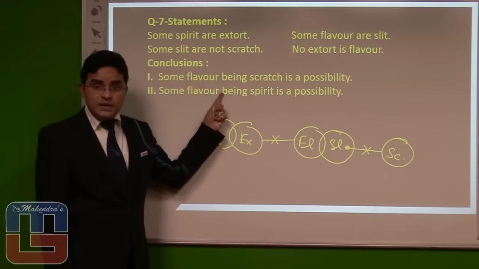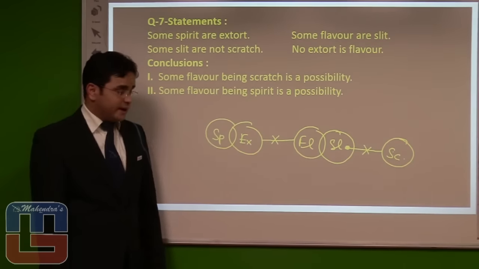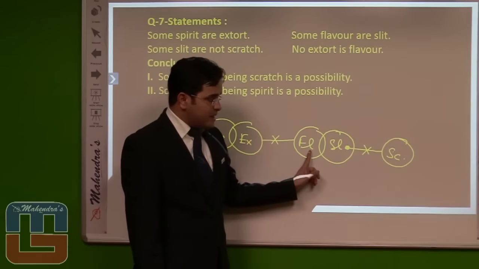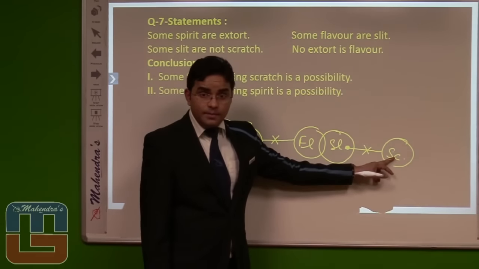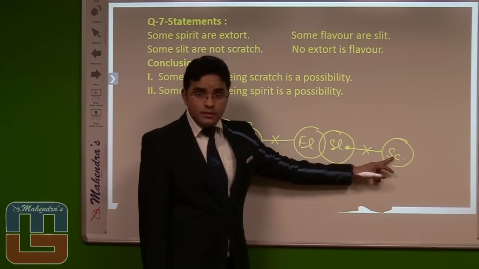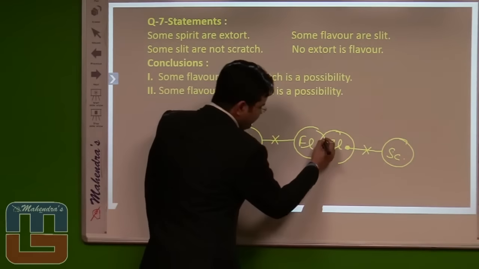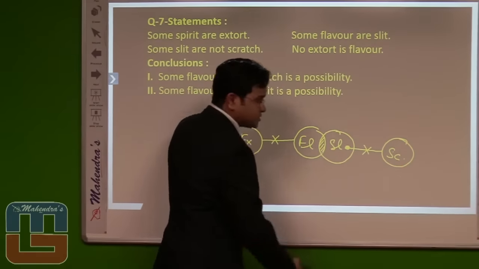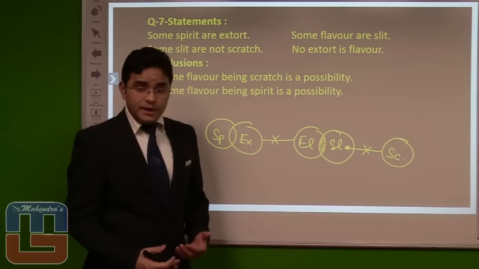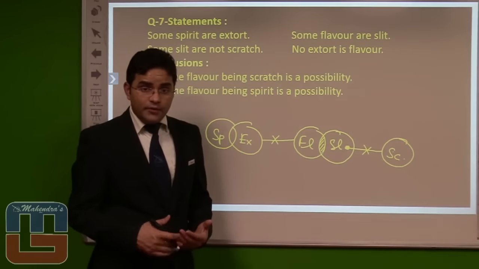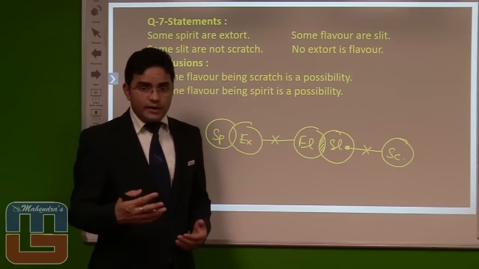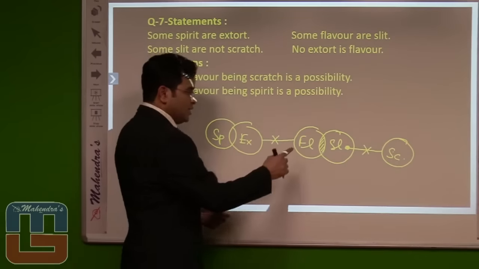Some flower being scratched is a possibility. It is saying some flower being scratched is a possibility. Is that right? You have to check it. If you are checking for any positive possibility or negative possibility, you have to confirm whether that is definitely right or not. So check it.